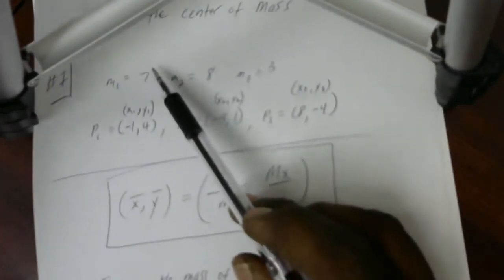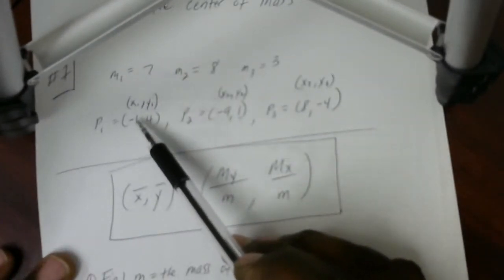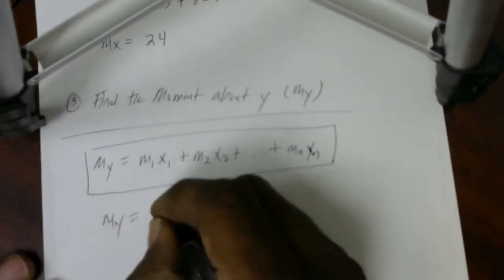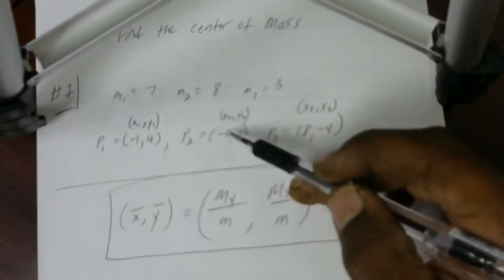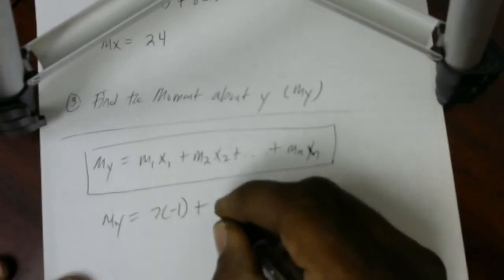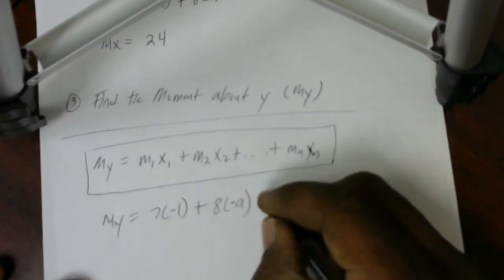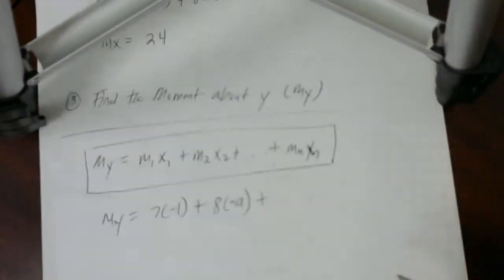Right, so for my first term, I'm going to take 7 times -1 plus 8 times -9 plus 3 times 8.